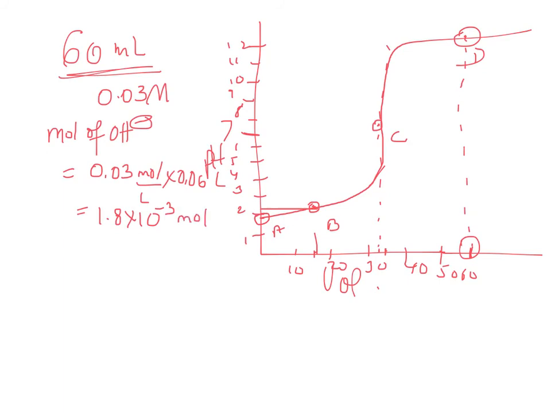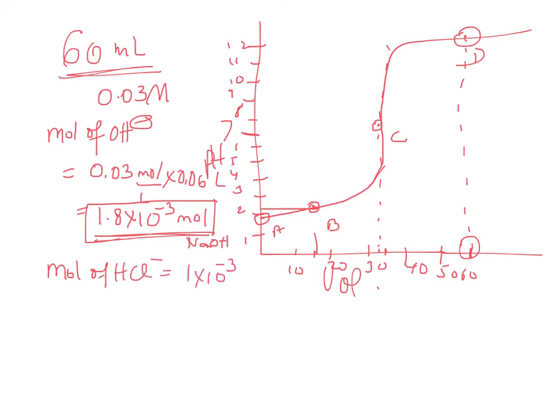Now realize this is the total that you have added, and of course some of it was utilized in neutralizing the HCl. Now the moles of HCl that you began with in your system in the first place was 1 times 10 to the negative 3 moles of HCl, and all of those have been exhausted.